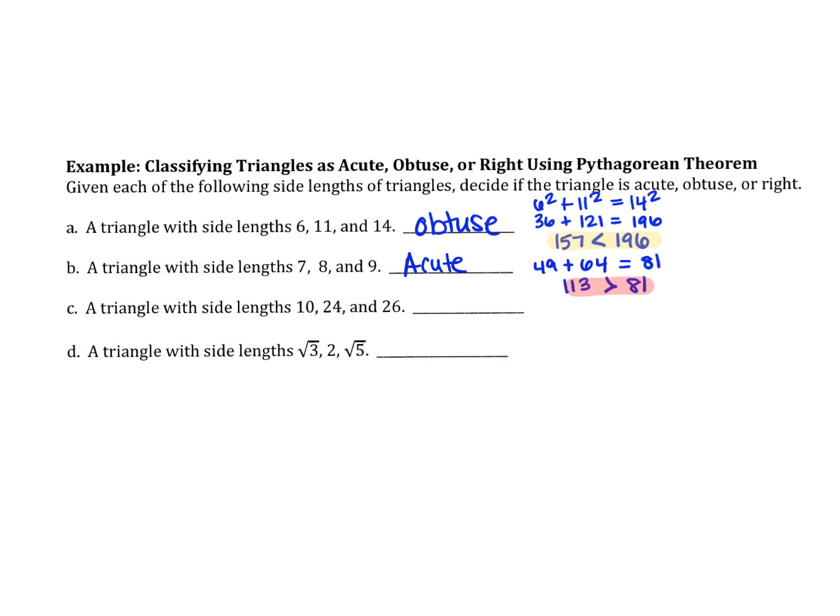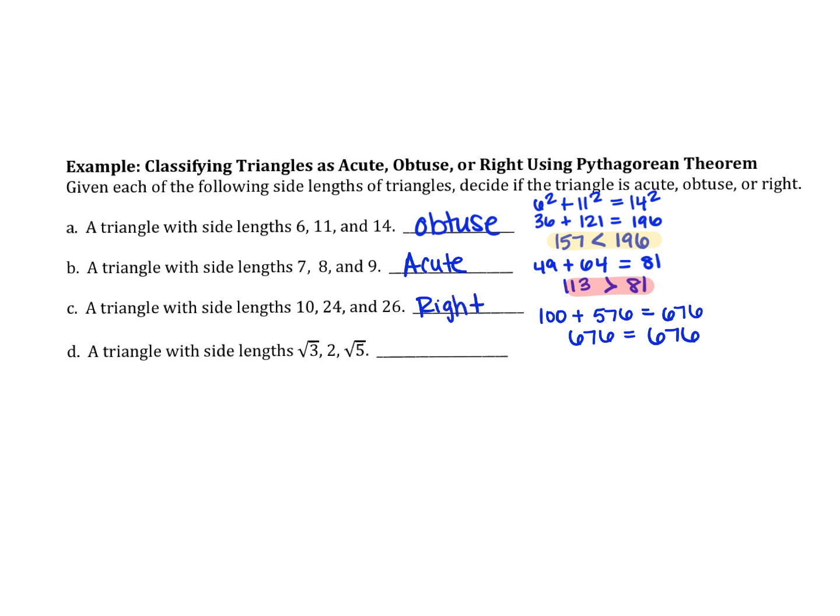Okay, next one we have 10, 24, and 26. So 10 squared is 100. 24 squared is 576. And then 26 squared is 676. So 100 plus 576 is 676, and 676 is equal to 676. So because they're equal, this is going to be a right triangle.